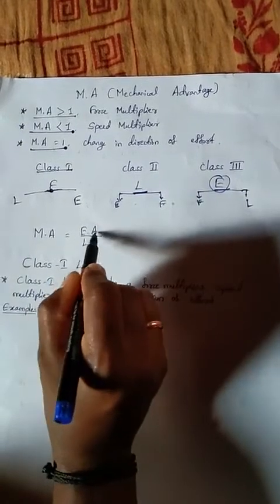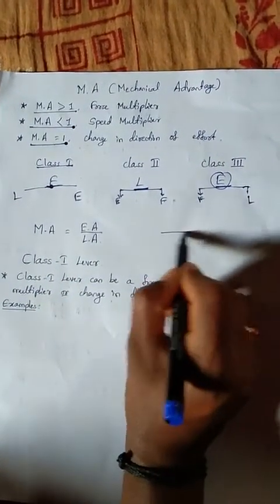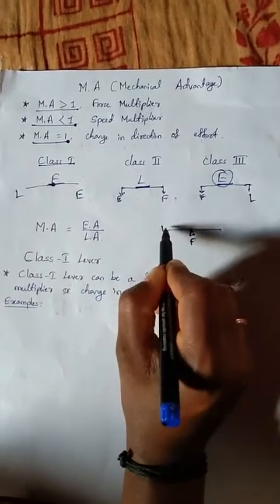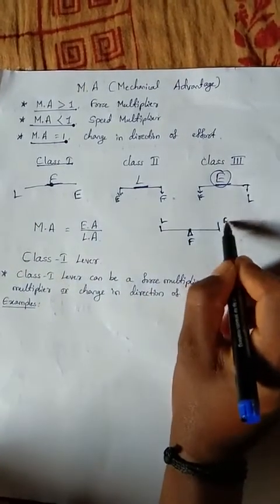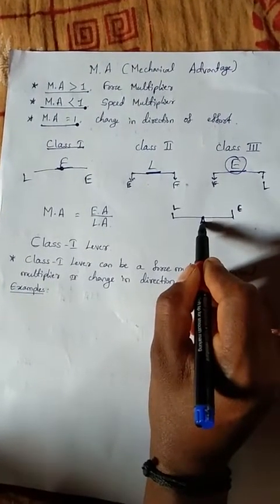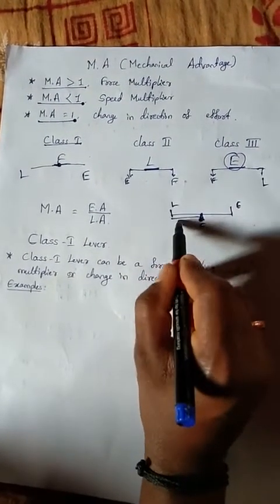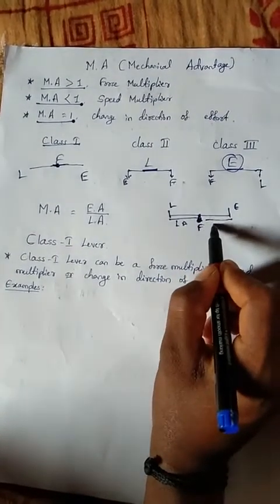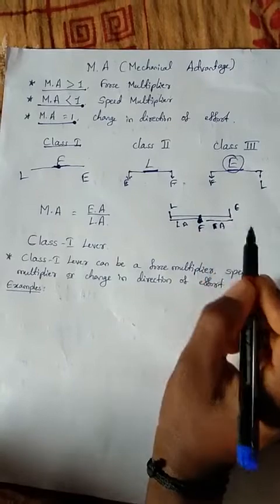How to take the effort arm and load arm: see, for example, here is your fulcrum, here is load and here is effort. From the fulcrum to the load is the load arm, and from the fulcrum to effort is the effort arm.